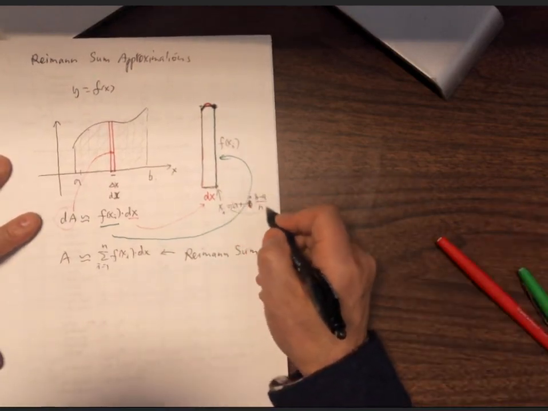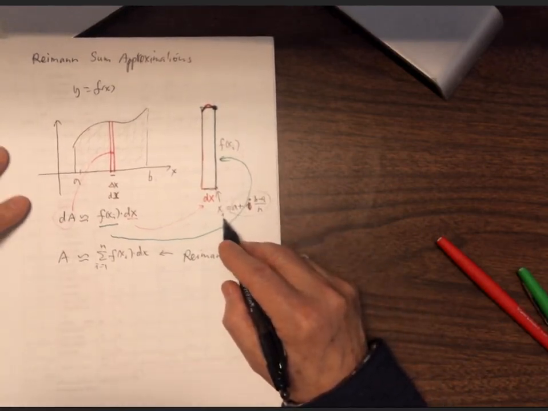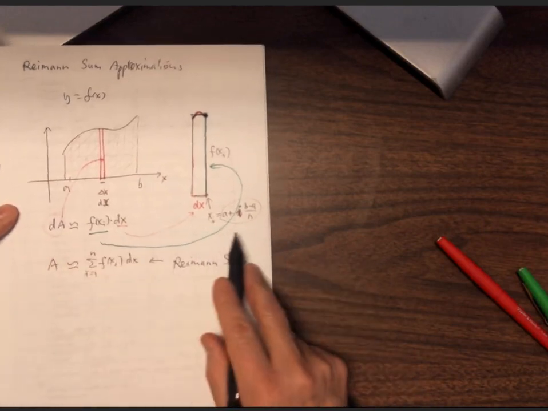So this will be actual formula for each right end point.